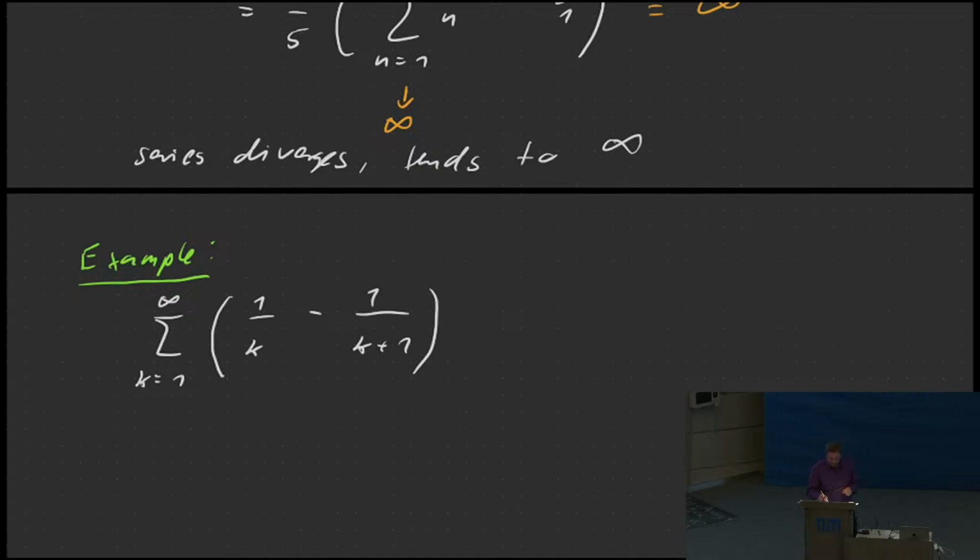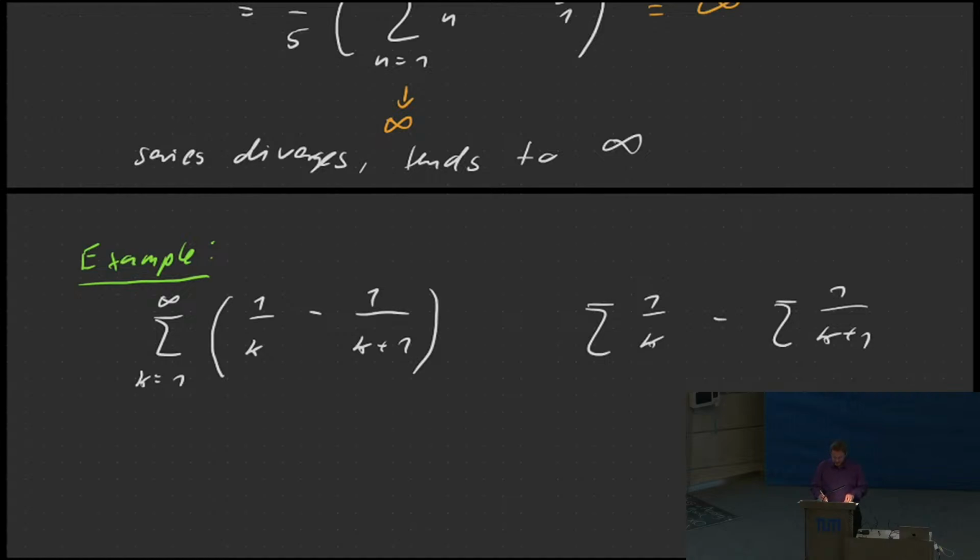And notice this looks a lot like the harmonic series again, right? We have this 1 over k plus 1, almost the harmonic series. The problem here is, if you think of splitting that up, this is the same thing as this sum minus this sum. That does not really work, right?